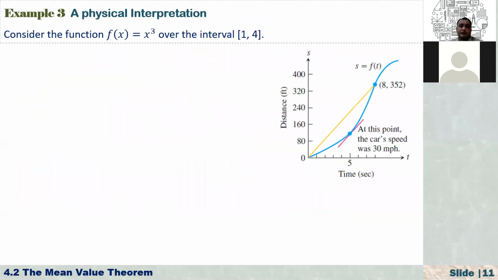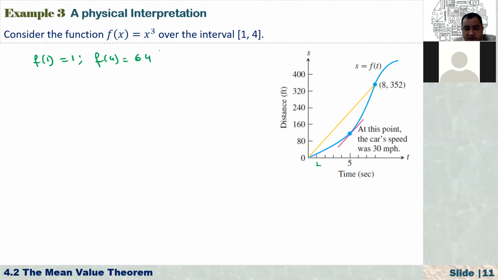All right. One example, a physical interpretation. Consider the function f of x equals x cubed over the interval 1, 4. What is 1? That is somewhere here, right? And the 4 is somewhere here. F at 1 is equal to 1, at 4 is equal to 64, right?